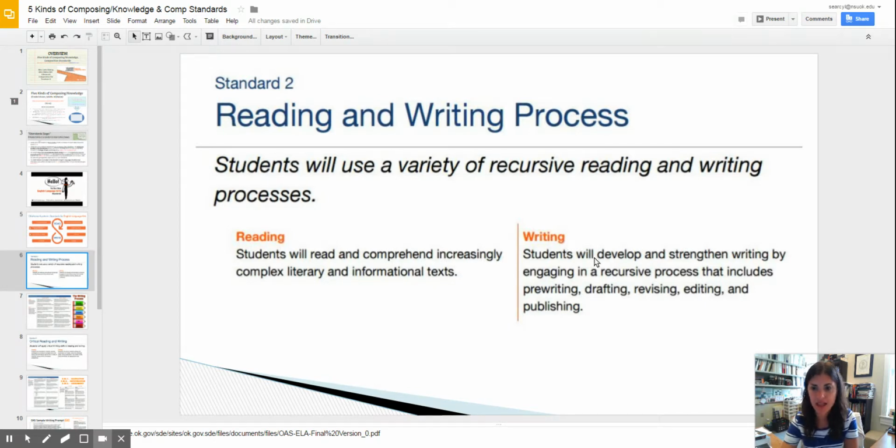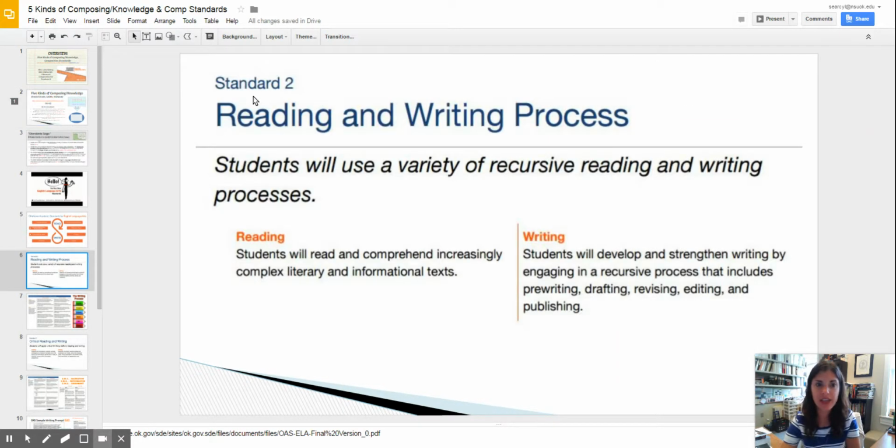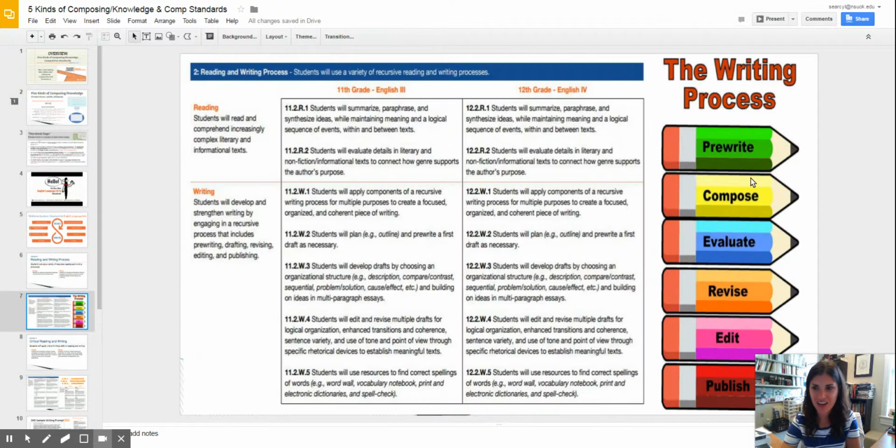We will write by developing and strengthening our writing, by engaging in a recursive process, and that includes the writing process: pre-writing, drafting, revising, editing, and publishing. And those 5 stages of the writing process align to the 5 stages that our textbook authors use for composing. So that's Standard 2. I've listed those right here.